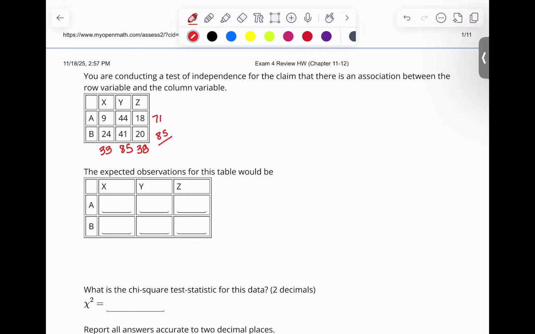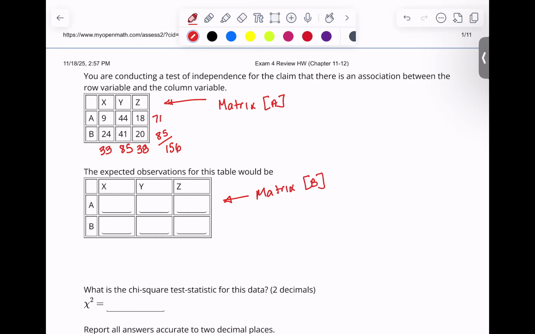They should equal the same value, and I get 156. So I'm now going to put this table in matrix A in my calculator. And I'm going to calculate the expected values in matrix B.